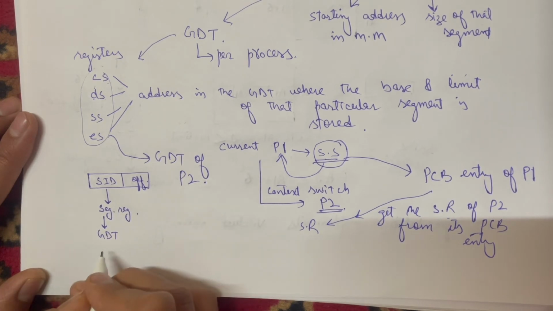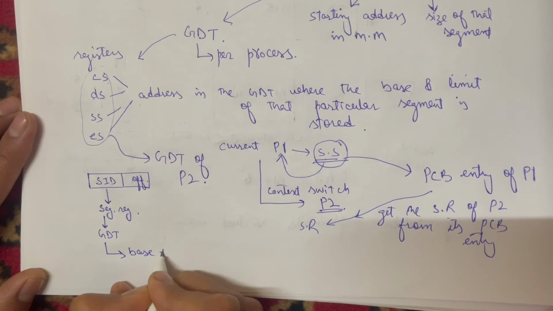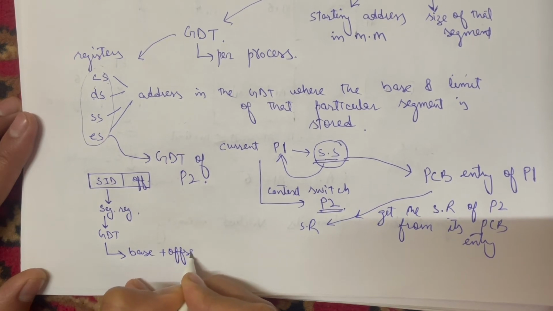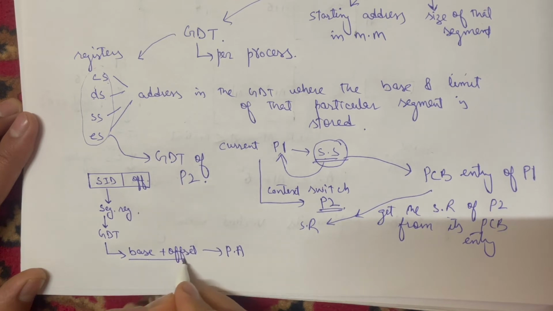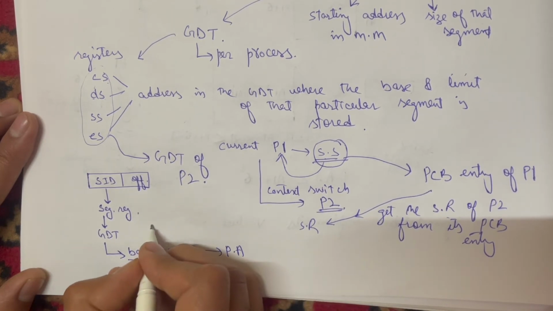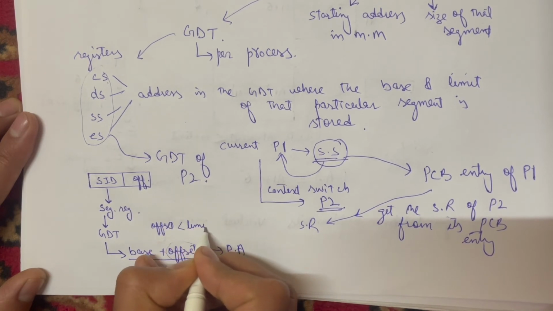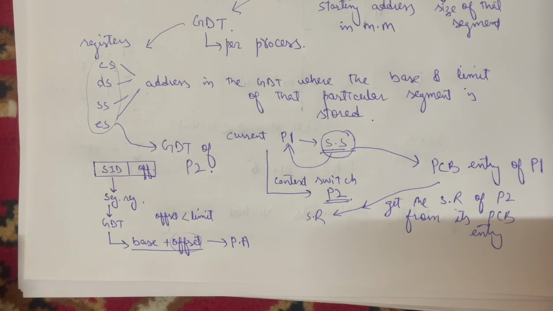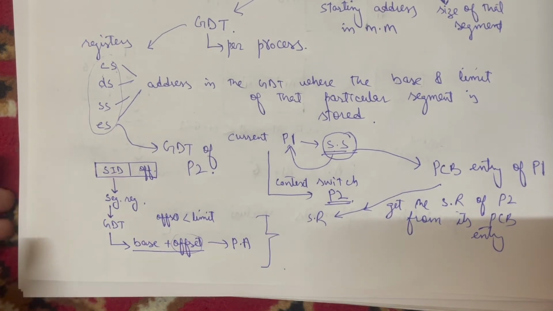From that global descriptor table, we will get the base. And to this base, we will add the offset, and that will be our physical address. But we have to make a check that this particular offset is within the limit, or we can say this offset is less than limit. Okay. So this is how segmentation works.